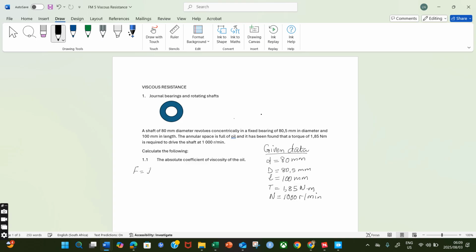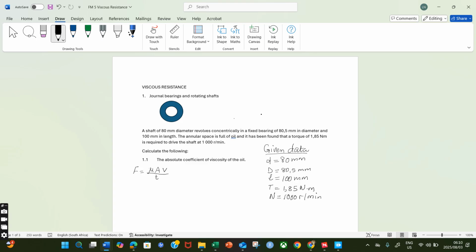The viscous force is the absolute coefficient of viscosity multiplied by the contact area multiplied by the peripheral velocity of the shaft, all over the space between the shaft and the bearing, which is the clearance. This is the space that is filled with the lubricant.